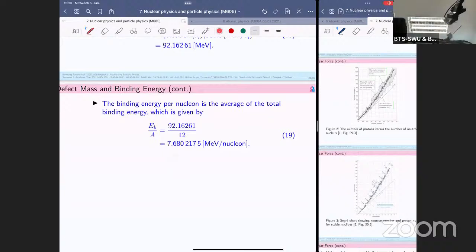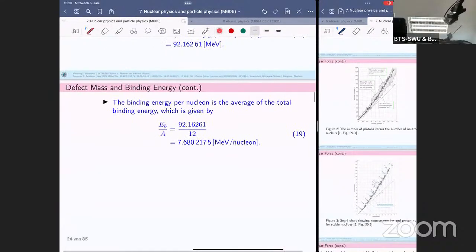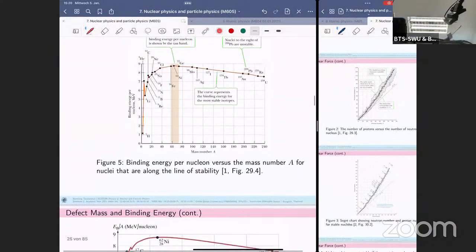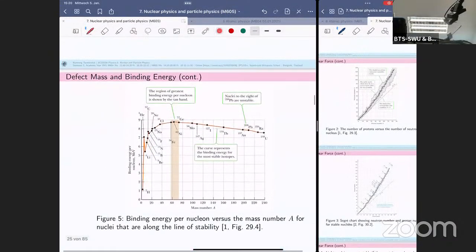Okay, here is the example about defect mass and binding energy. Here we have figure number 5, which talks about atomic mass number to binding energy per nucleon.